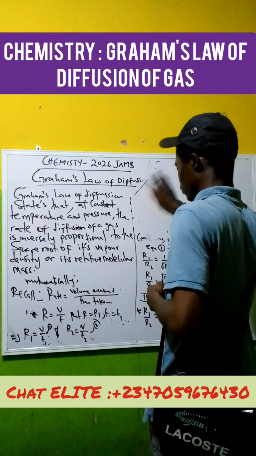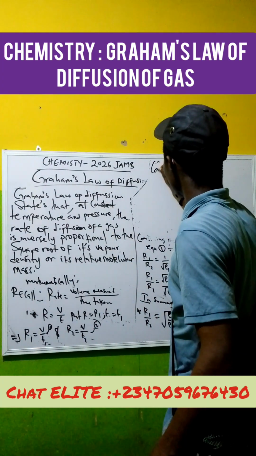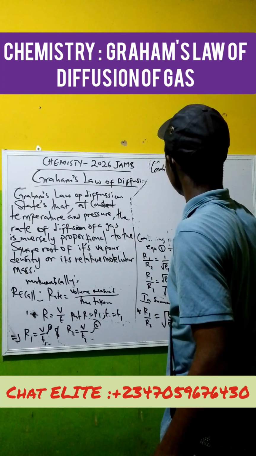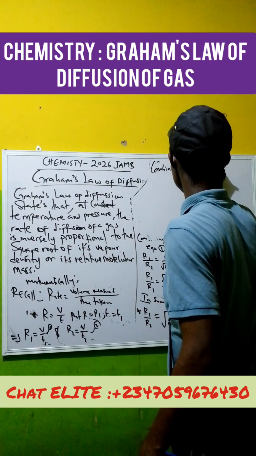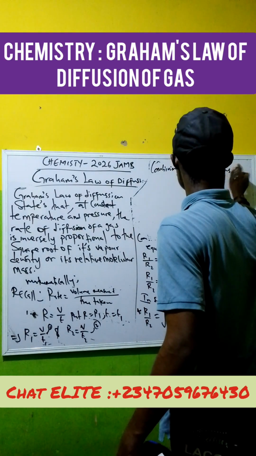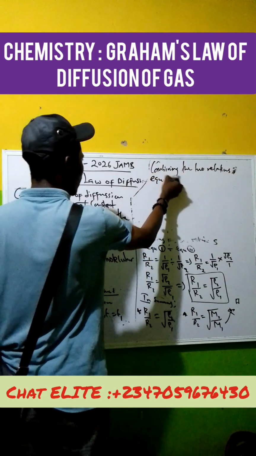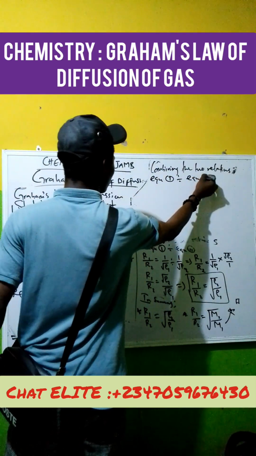Okay. So we are continuing. Now, combining the two relations as usual, which means equation 1 divided by equation 2.